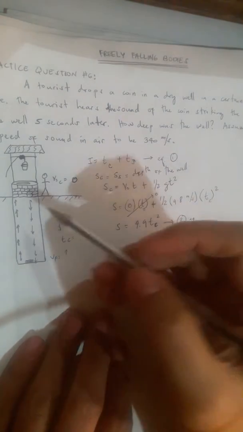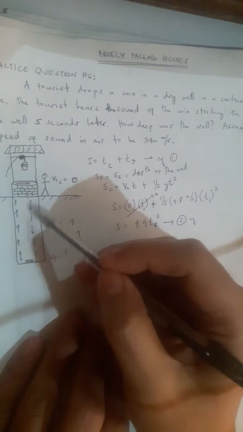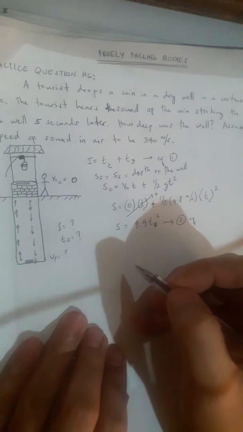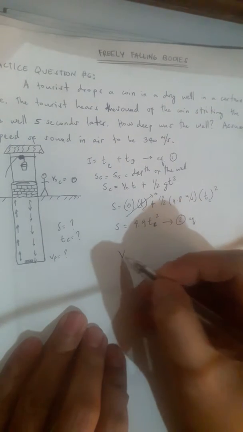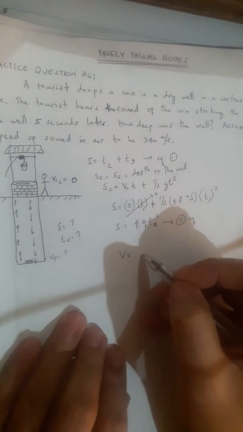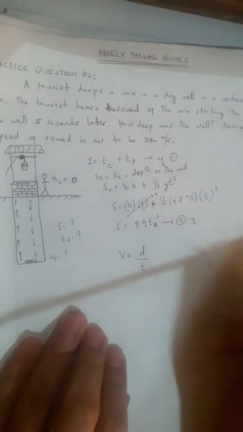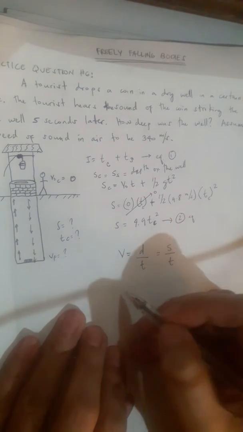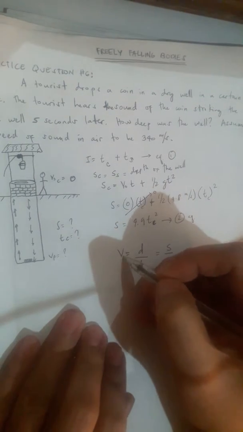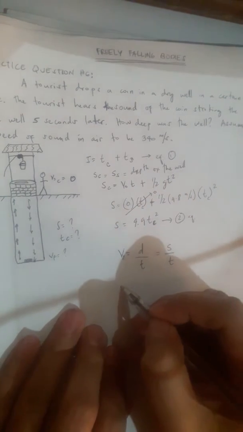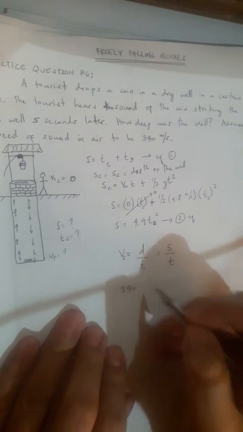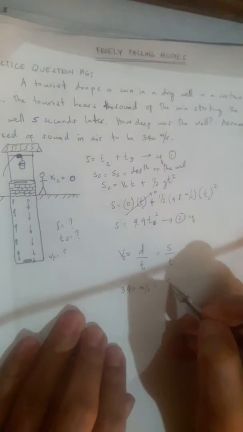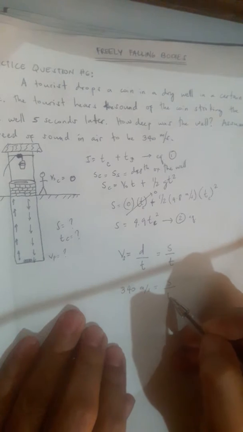Okay. Next, punta tayo sa sound. Since yung sound, hindi siya under ng freely falling bodies, the usual na lang. Diba given yung velocity ng sound? Diba ang formula for velocity is the distance or displacement divided by the time, which can also be equal to S over T. Okay, so the velocity of sound, substitute natin, that is 340 meters per second equals the distance, which is the S, divided by the time of the sound.